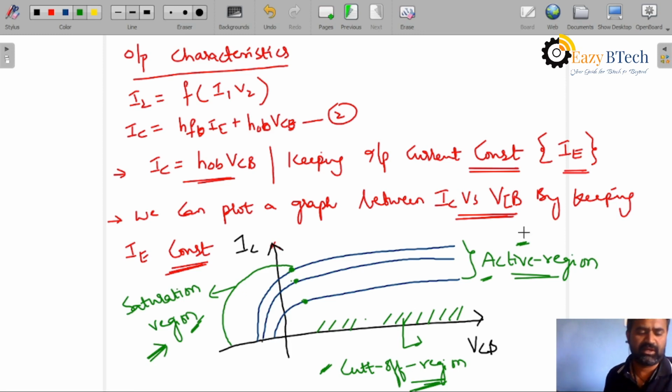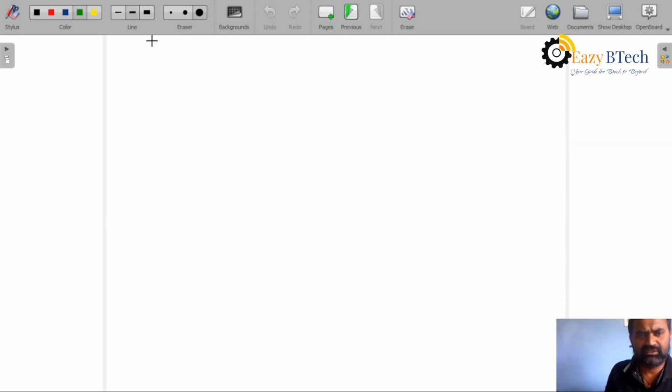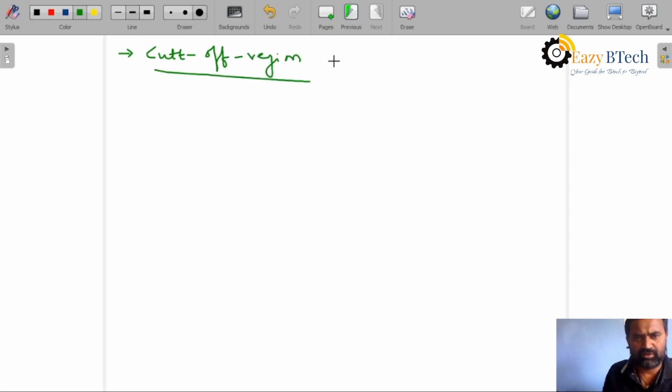Okay, students, similarly we will discuss common emitter configuration circuits. Now, similarly, if you study the regions, suppose cutoff region. What is the cutoff region? This is the cutoff region.